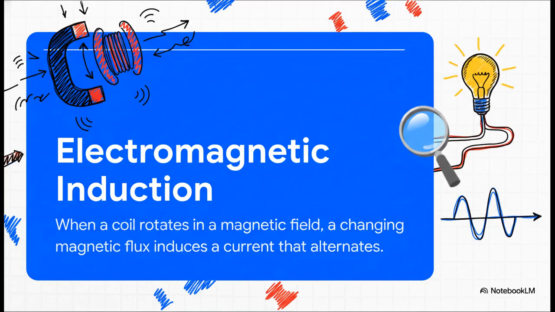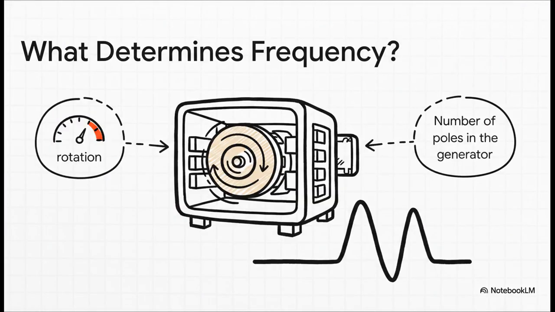And because of that constant rotation, the current it creates naturally alternates its direction. It just creates AC by its very design. And remember that 50 hertz frequency? Well, it's no accident. It's precisely controlled by just two things: how fast that generator is spinning and the number of magnets it has inside.